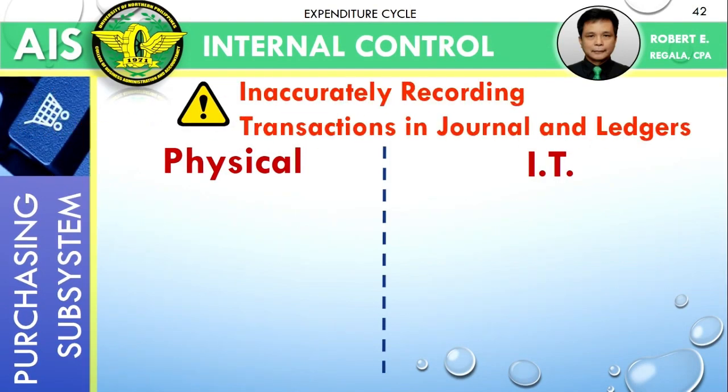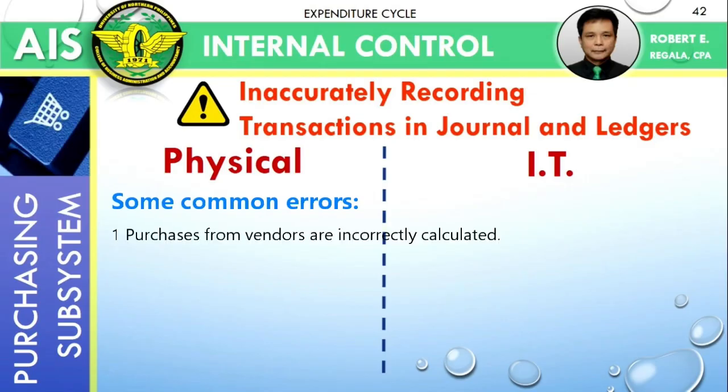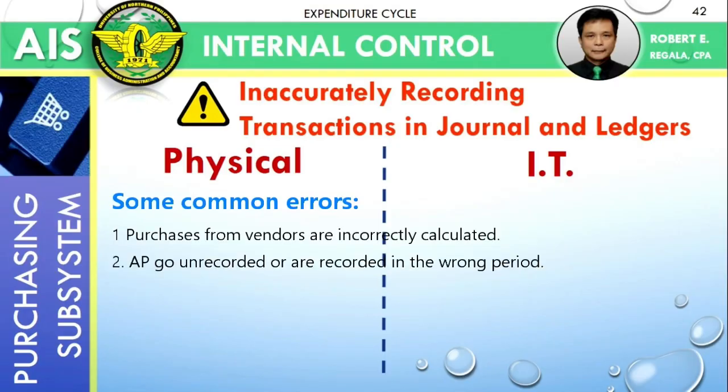Risk of inaccurately recording transactions in journals and ledgers. Inaccurate record keeping can take many forms. The following outlines some common expenditure cycle errors, but is not intended to be an exhaustive list. 1. Purchases from vendors are incorrectly calculated. 2. Accounts payable go unrecorded or are recorded in the wrong period. 3.